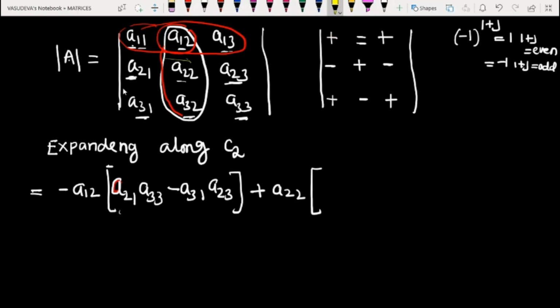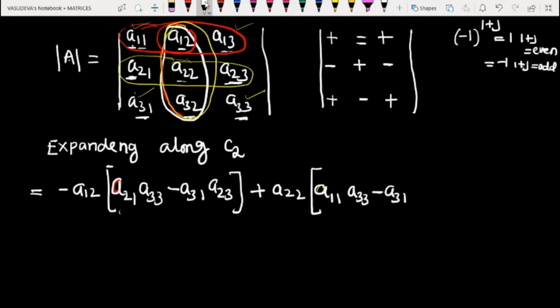When I leave the second row and second column, what are the remaining elements? A11, A13, A31, A33. So taking the determinant of those elements: A11 into A33 minus A31 into A13.